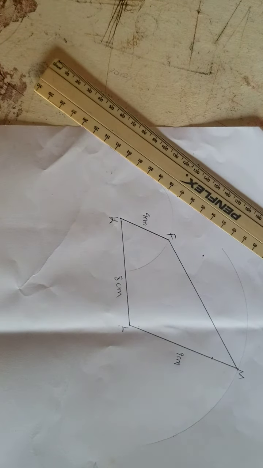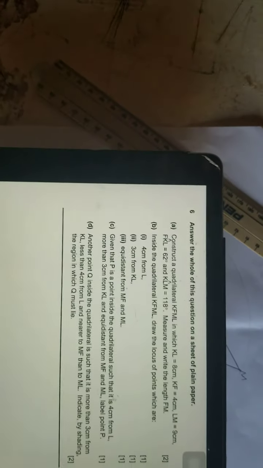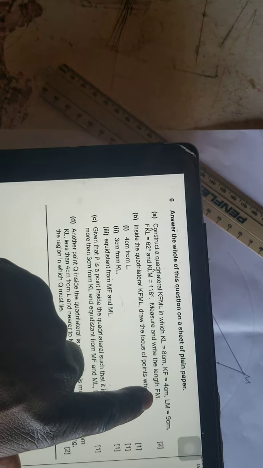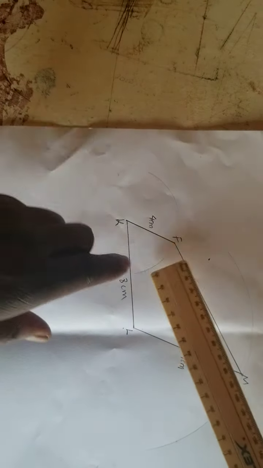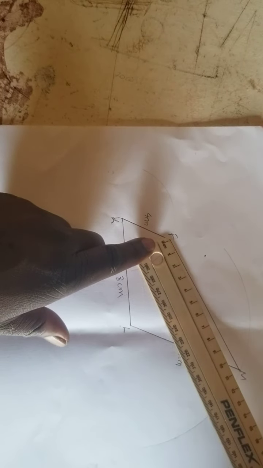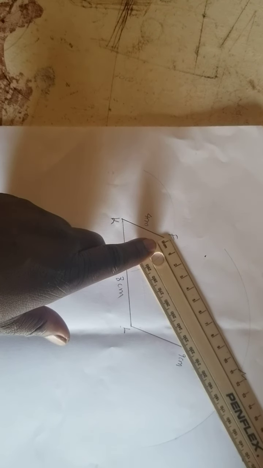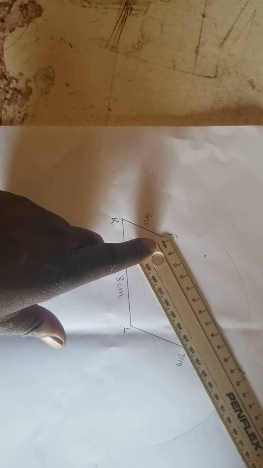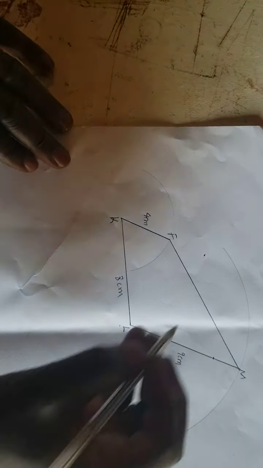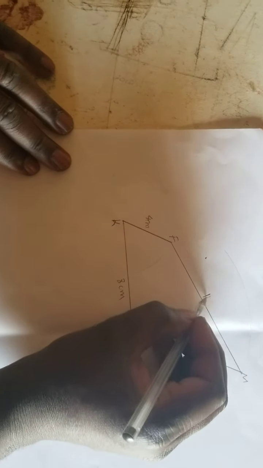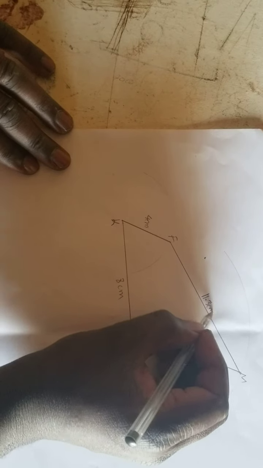The next part of the question says, measure and write the length FM. So we should measure and write the length of FM. So FM is here. We measure FM, and this is approximately 11.3 centimeters.